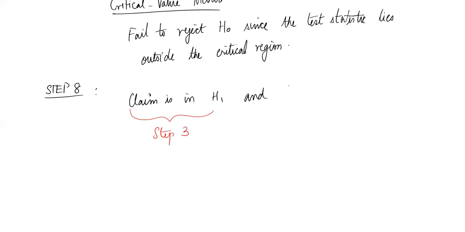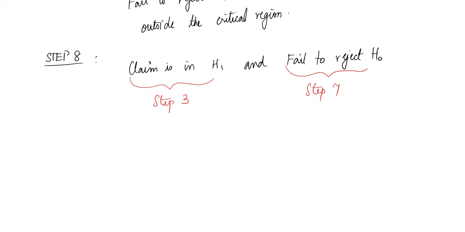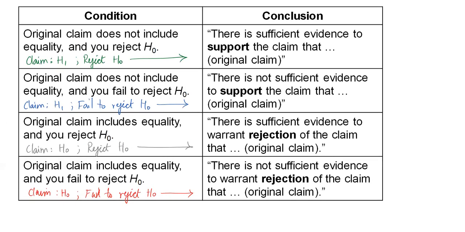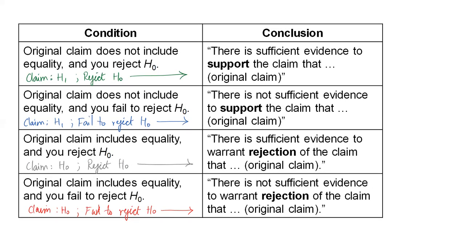And the decision was fail to reject H0. This information comes from step 7. Use these two to make your conclusion. So let's go to the conclusion table. Claim is in H1 and we fail to reject H0. So we're looking at the second row. That's the condition it satisfies, the second row.